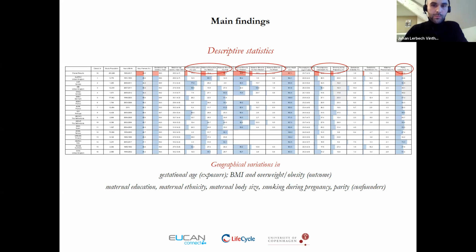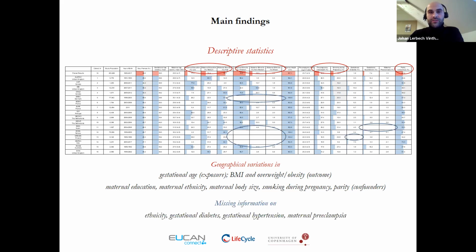And I won't go deeper into this, but if you're interested, you can contact me, and I'd love to show you the results. Then also maternal education, as you can see in the bars, and maternal ethnicity, body size, and smoking during pregnancy vary across the cohorts. Especially for education and ethnicity, there's quite some variation between the cohorts.